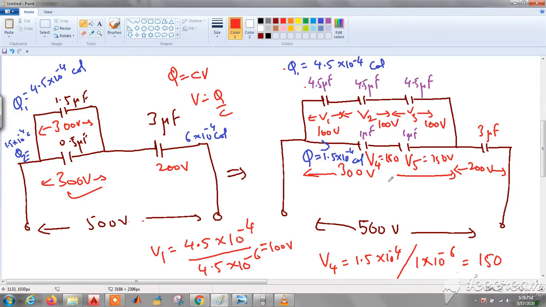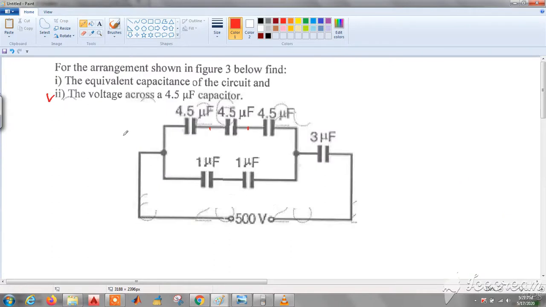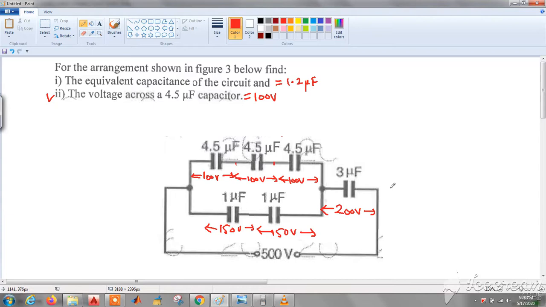Okay, so we can see this is our question. It was given the voltage across the 4.5 microfarad capacitor, and we found it to be 100 volts, and the equivalent capacitance we have already found out, that is 1.2 microfarad. You can also label all the equivalent voltages like this.